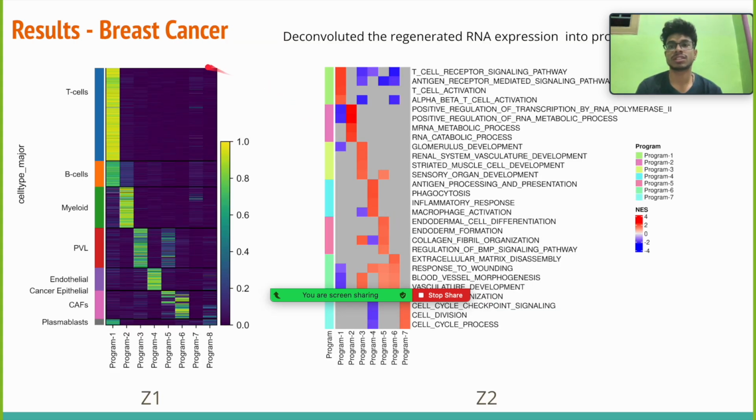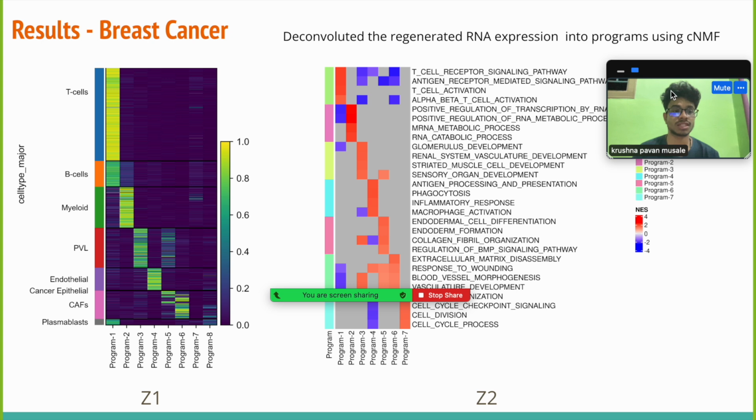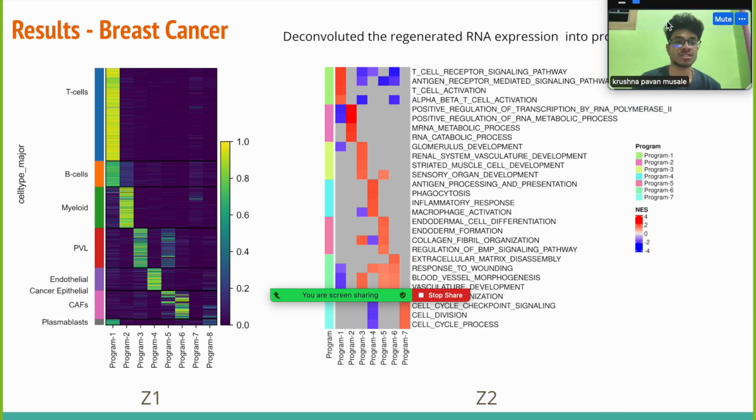Next, we have the results on breast cancer. Here, to see what insights are being captured by each of the lower dimension embeddings, Z1 and Z2, we have passed each of them through the decoder and taken the regenerated RNA expression and deconvoluted it into programs using consensus non-negative matrix factorization, which is called cNMF.